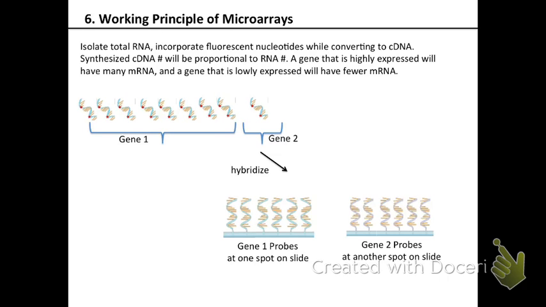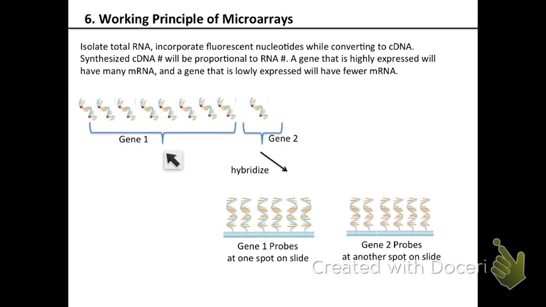So if in your sample there was one gene that was expressed at thousands of copies, you have thousands of copies of that mRNA corresponding to that gene. And if a gene is expressed at a very low level, in 1 or 2 copies, the number of cDNA you're going to get out of those is going to be low, right? So it's going to be proportional to the number of RNA. So a gene that's highly expressed will have many mRNA, and a gene that's lowly expressed will have fewer RNA.